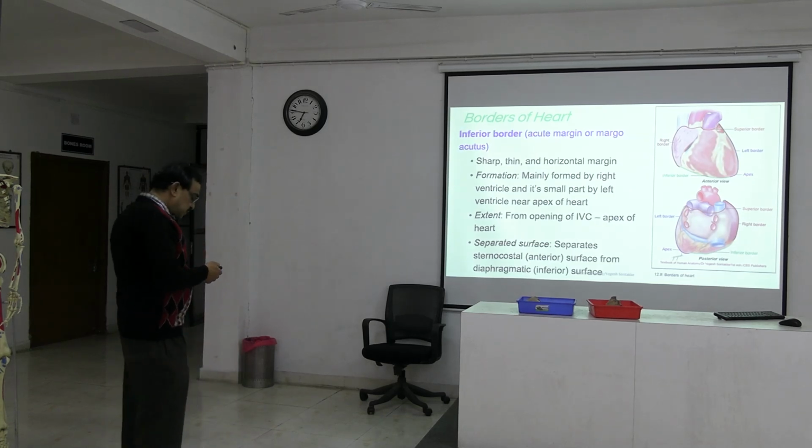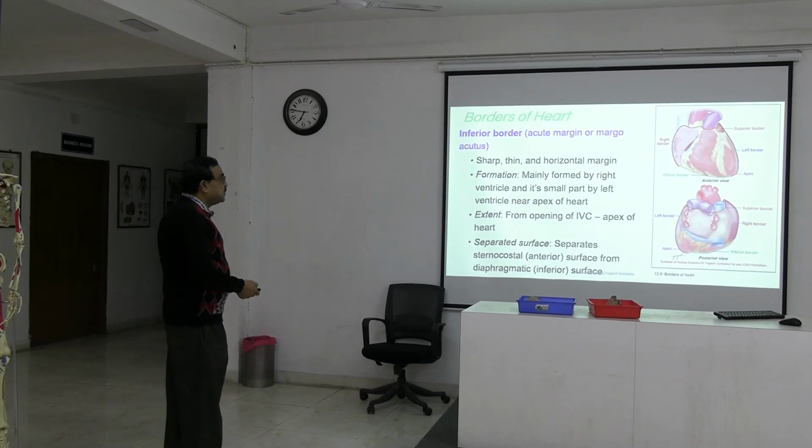So this is the inferior border. Here we can find a marginal branch from the right coronary artery.